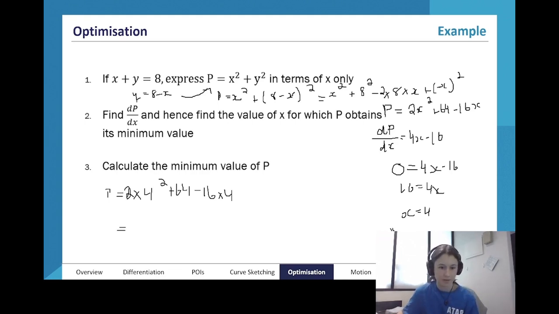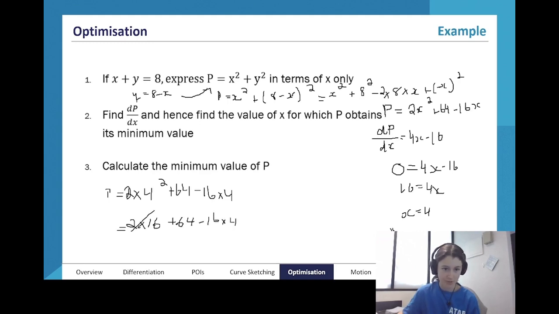But what we can recognize here is that we have 2 times 16, and then 64, and then negative 16 times 4.